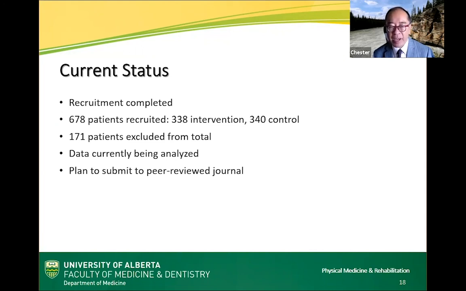However, we did have to exclude 171 patients because of some data issues. At this time, we are analyzing the data, and once we have completed that, we're hoping to write up the study to submit it to a peer-reviewed journal. And I'm very much looking forward to completing the manuscript, and hopefully we can share with you the results in future.